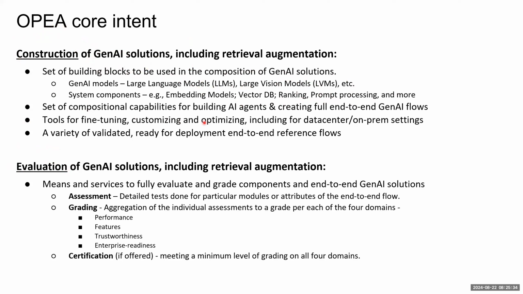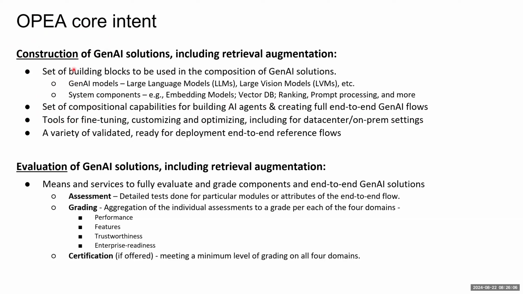And also from the use case perspective, how to make sure that you have the entire end-to-end solution for the AI agent, and you have all the end-to-end building blocks for the GenAI flow, and sufficient tools for customizing your data, optimizing your data, and for fine-tuning. And all in all, this is how we build a GenAI solution from the construction part.